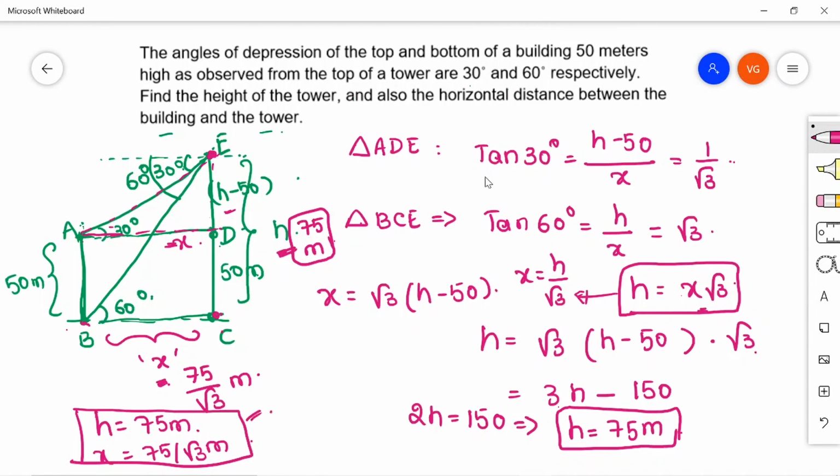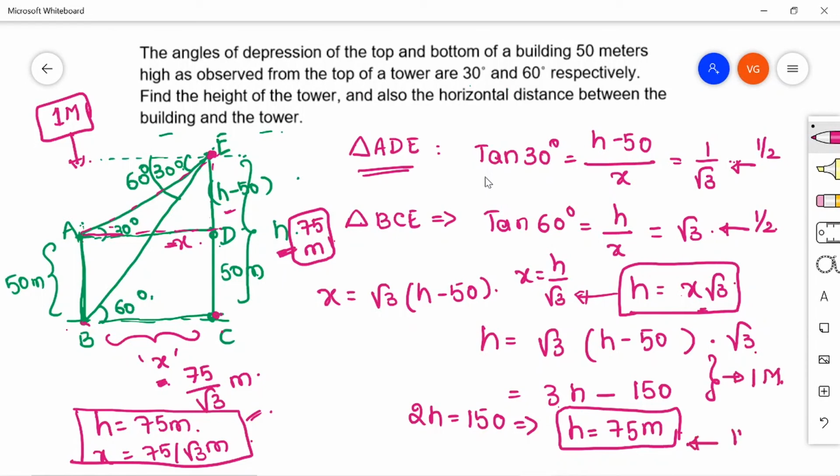So coming to the marking criteria here. For drawing the picture, you will get 1 mark here. Writing tan 30 from this triangle, you will get half mark. Then another half mark here. Getting the two equations, then solving here, you will get 1 mark.